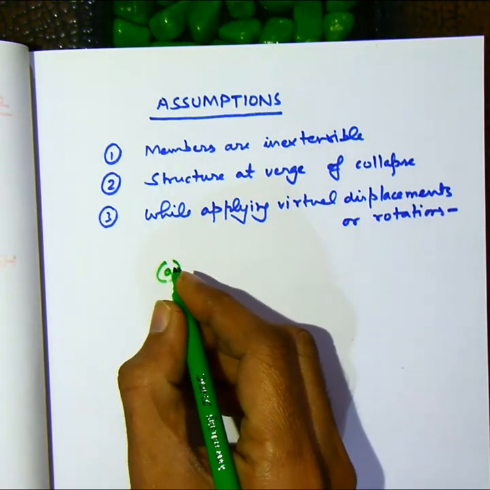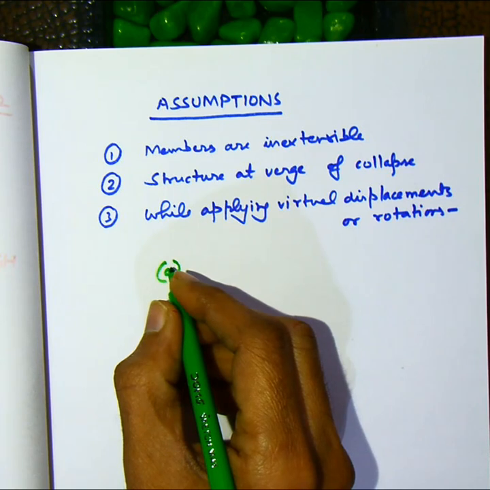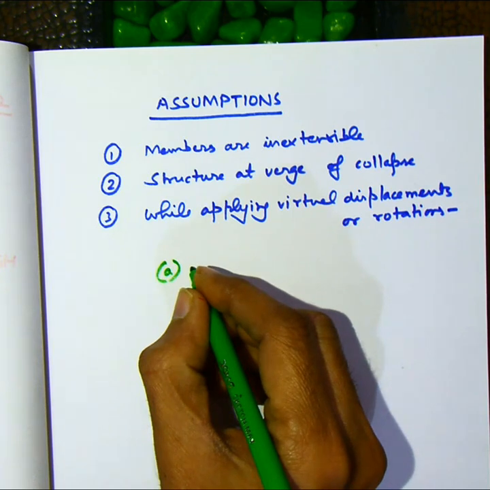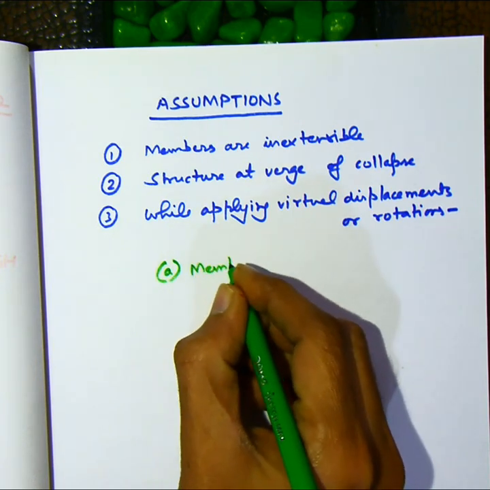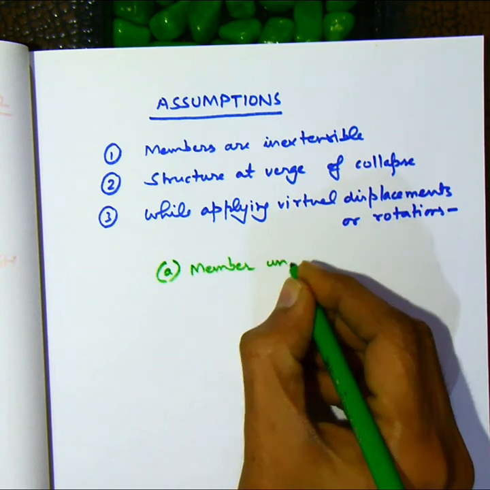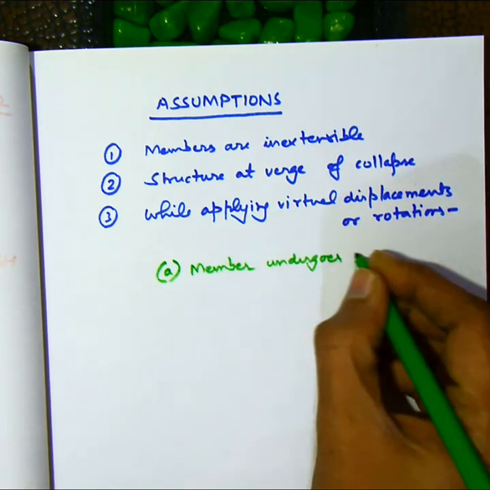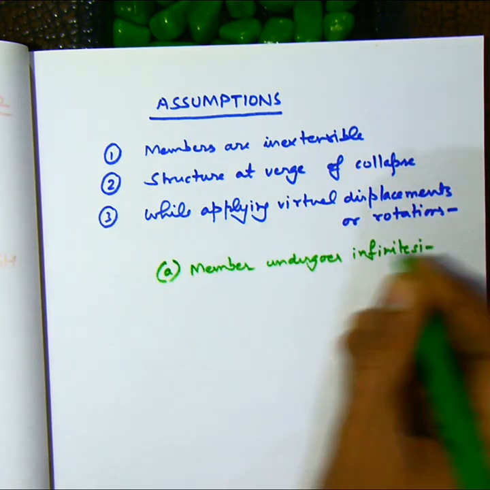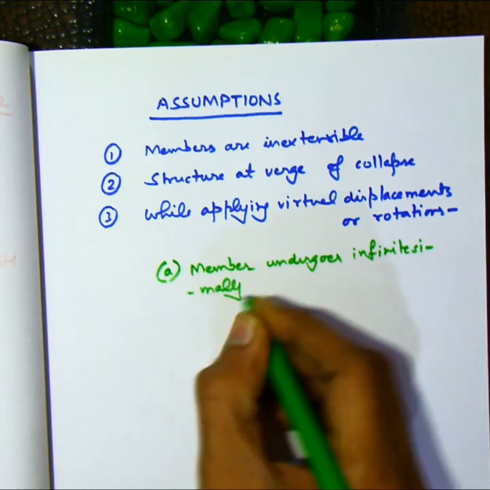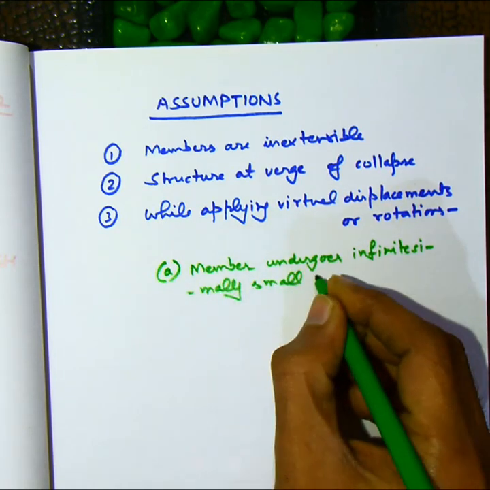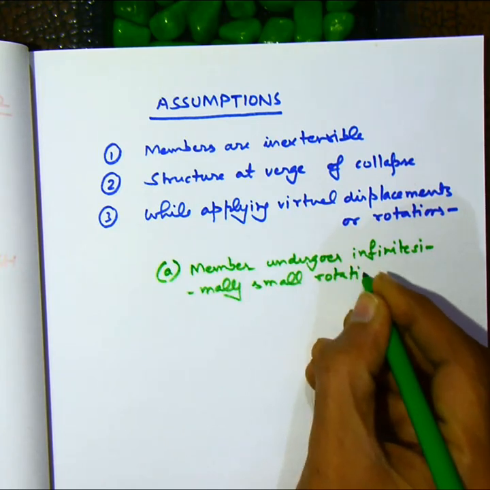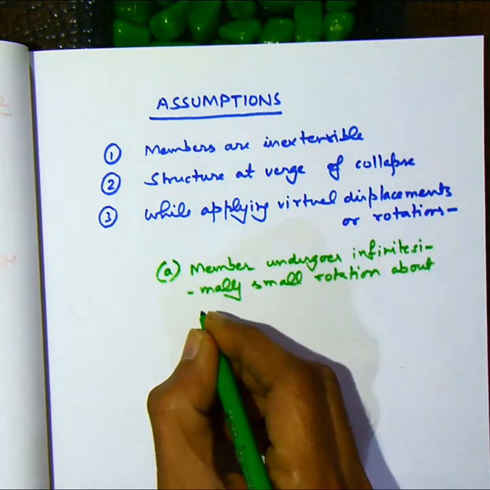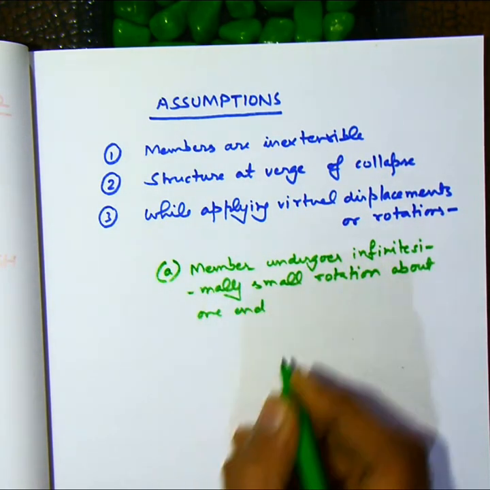So how are we doing it? We either apply rotation to a member about its own end, or we apply rotation to the member about some other center. Basically, members undergo rotation, and we check these rotations at the two joints of the member, and then multiply this rotation with the plastic moment capacity.